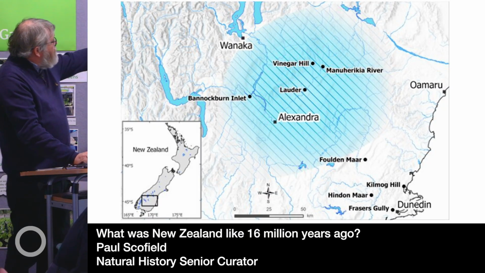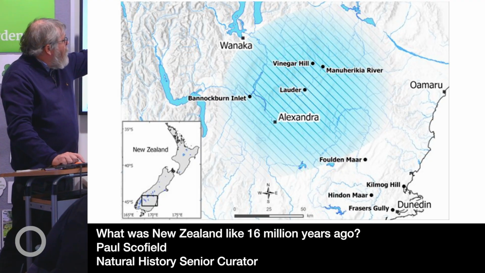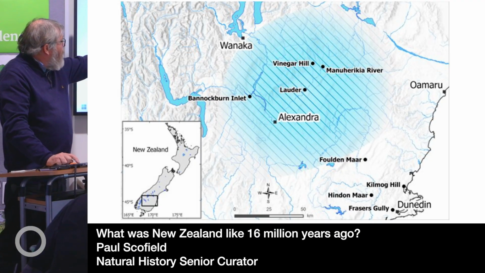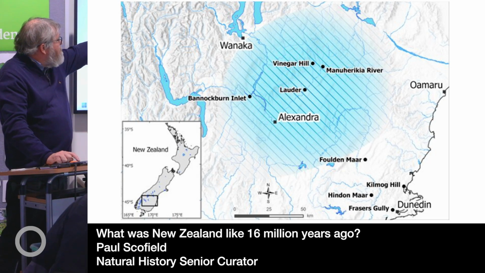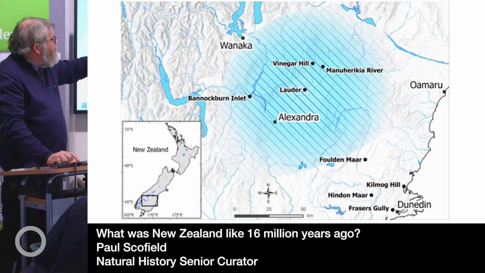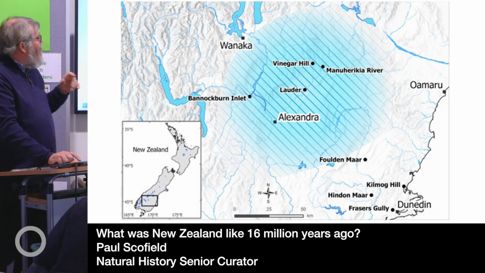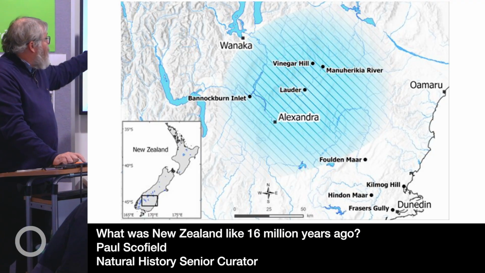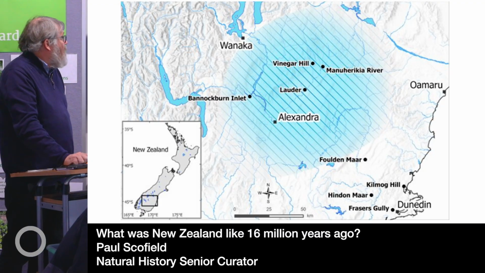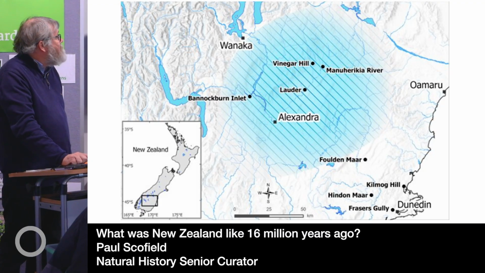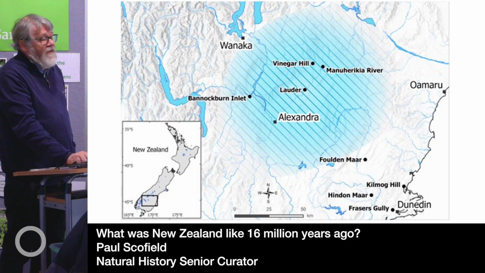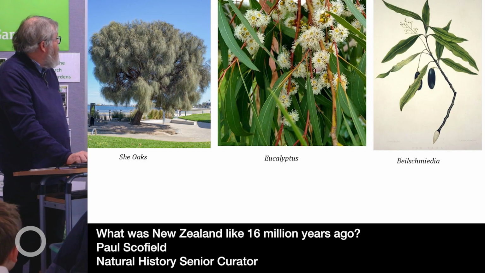So here you've got Manuherikia River up there at the top, you've got Alexandra, you've got Hilderthorpe, and Bannockburn Inlet is marked there. So that blue area there is a rough extent of the lake, Lake Manuherikia, and Bannockburn, as the crow flies, is only probably 30, 40 kilometres, so potentially just the other side of the same lake.